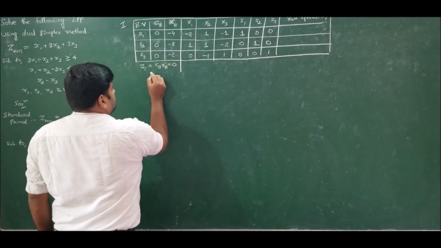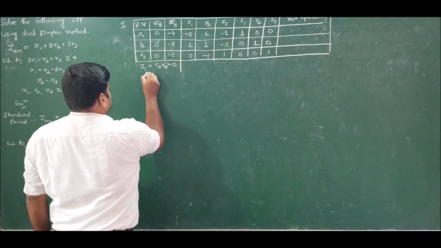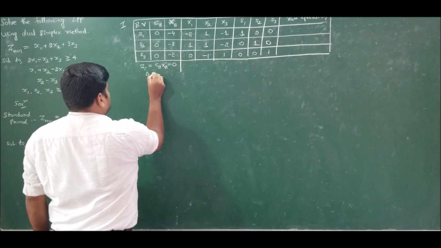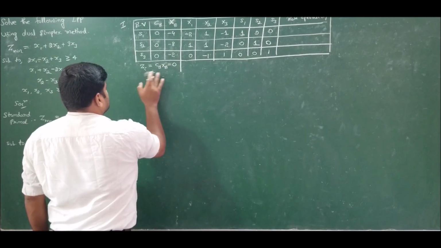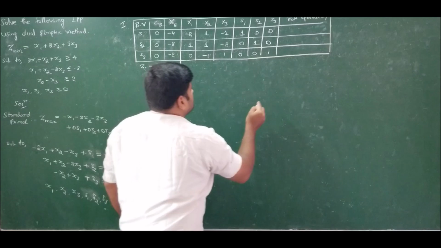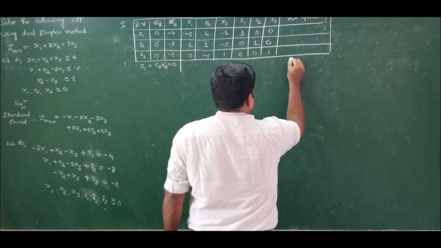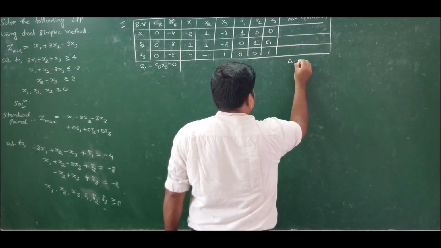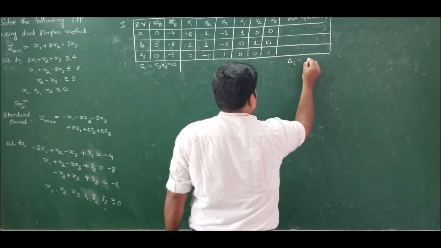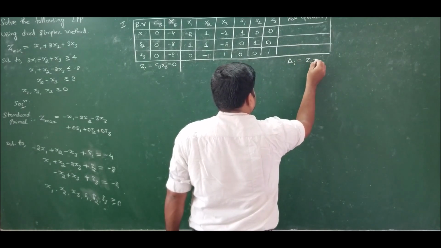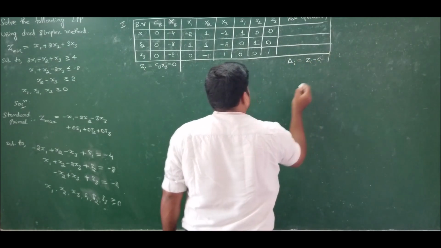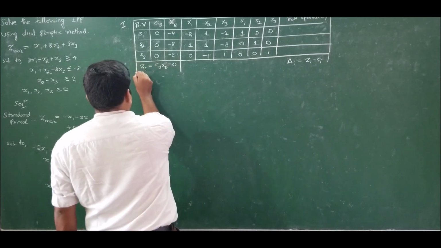Now calculate the delta. Let me write it that side. So delta I is equal to Zi minus Ci.